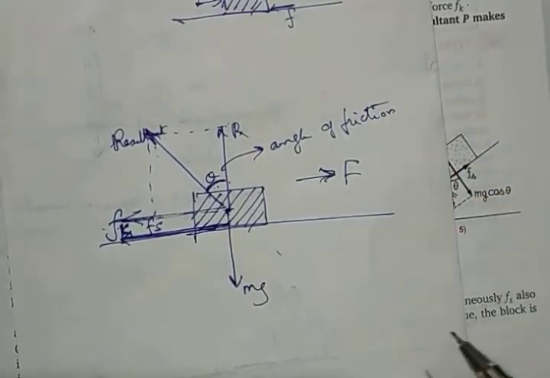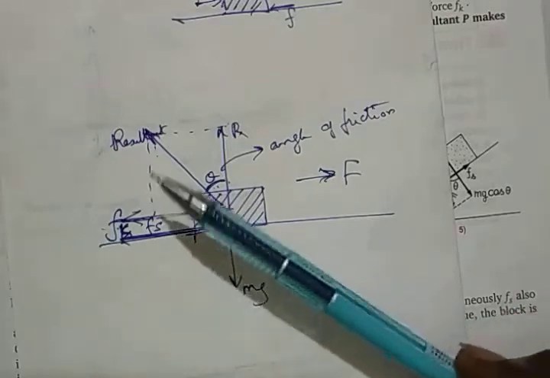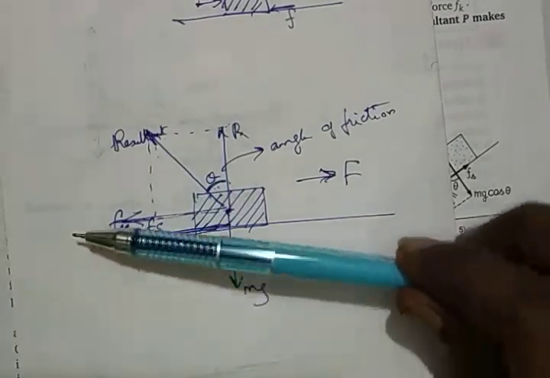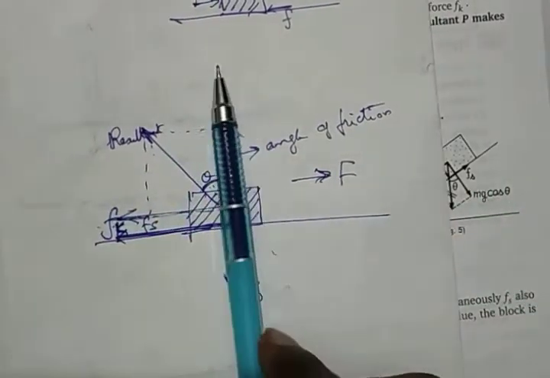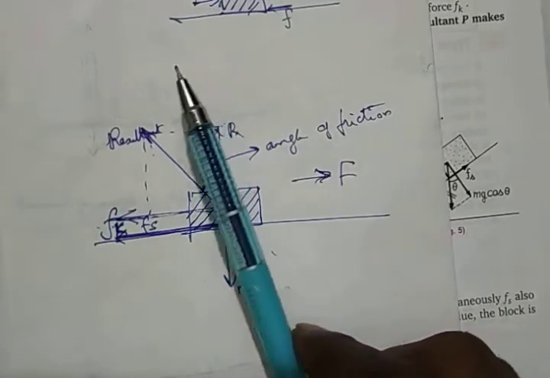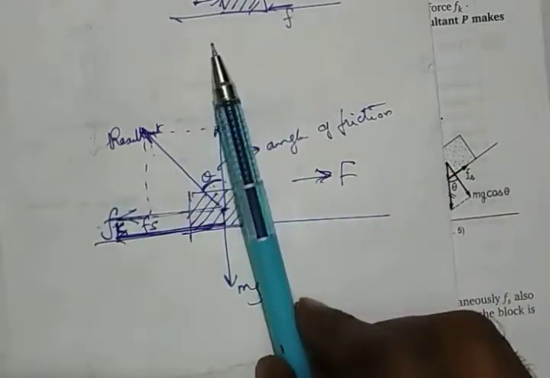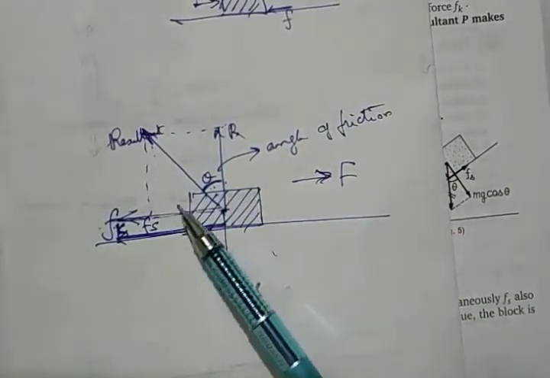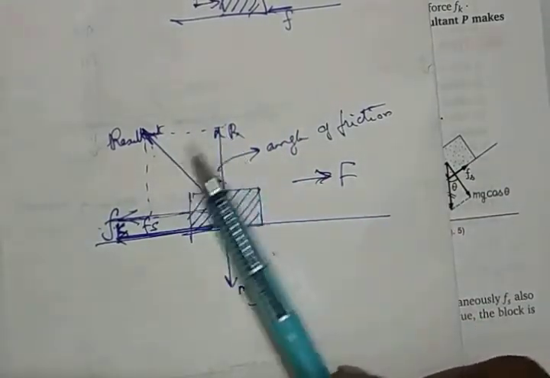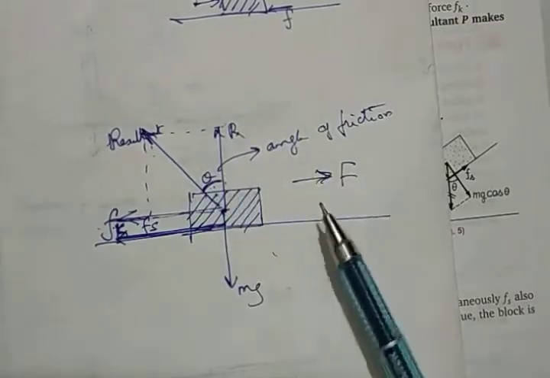So how do we define this? You need to write in lines. The resultant of the frictional force and the normal reaction, the angle between the resultant and the normal reaction, is called the angle of friction.